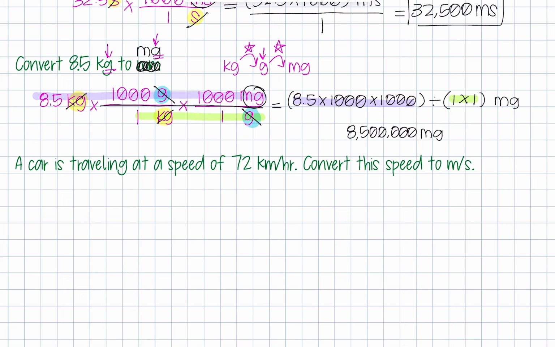All right, and then the final question. This time, I have a derived unit, which hopefully we know is a unit that we get from mathing and combining 2 units. So in this situation, we've got a car traveling at a speed of 72 kilometers per hour. I can write it just like it's been written here in the question, or I can write it like this.